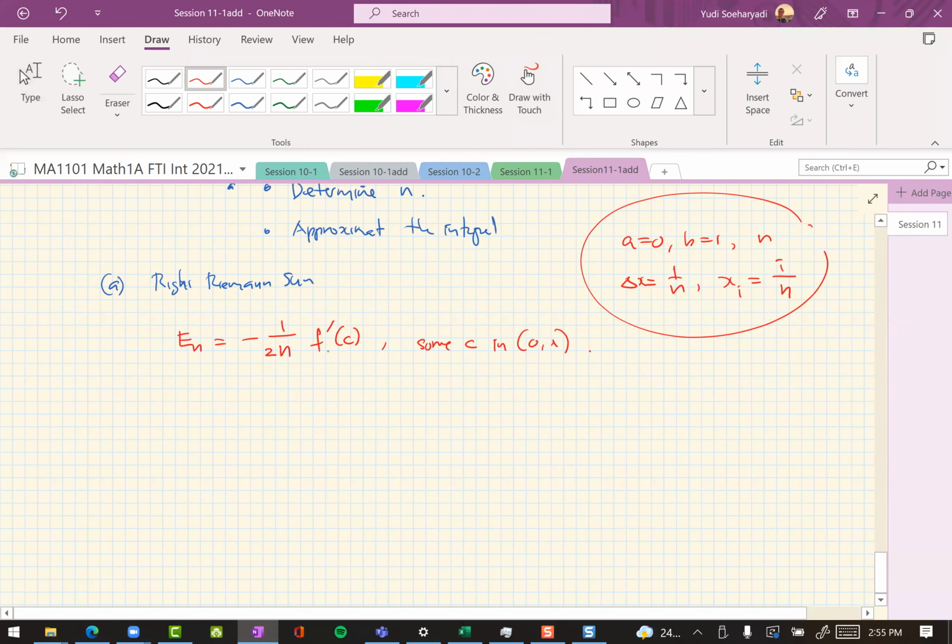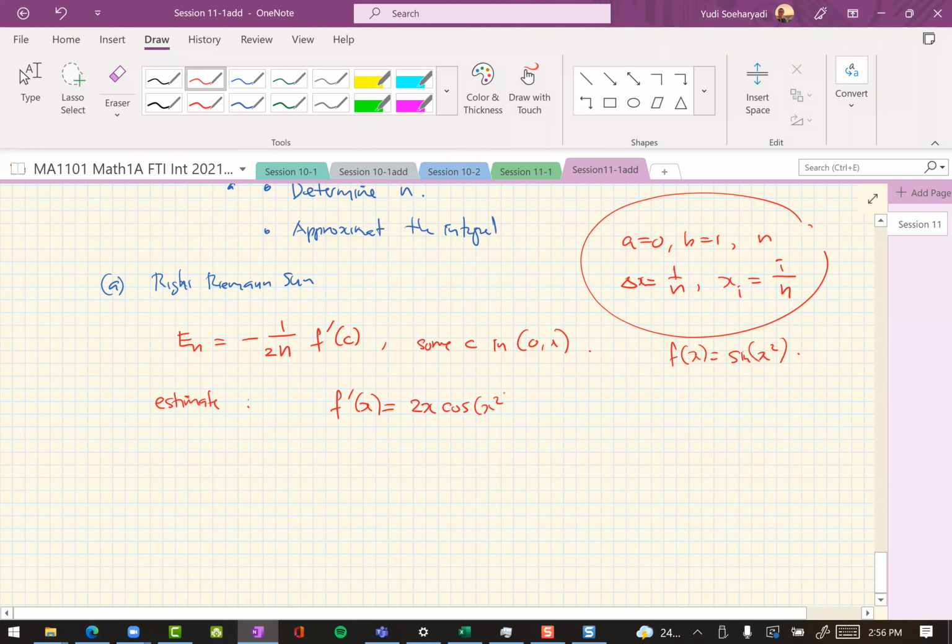Let's compute f prime of sine x squared. Sine becomes cosine, but then you need to multiply by 2x, the derivative of x squared.